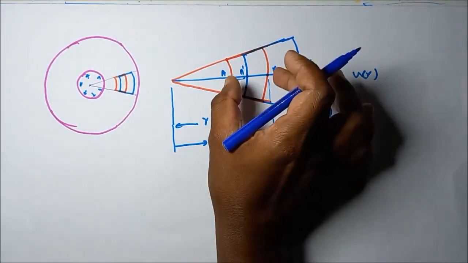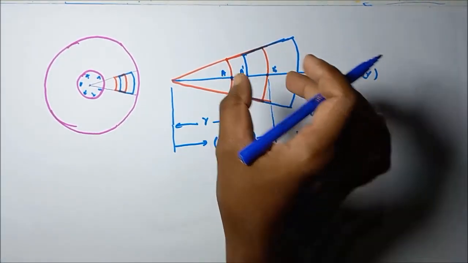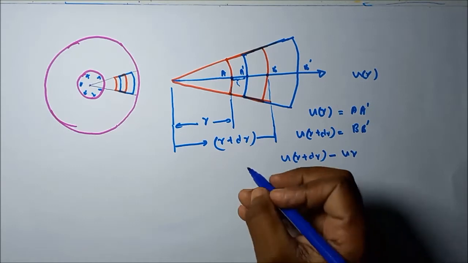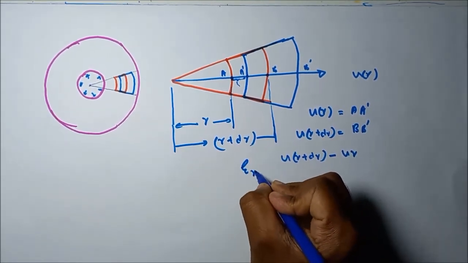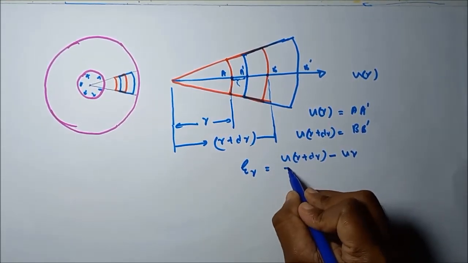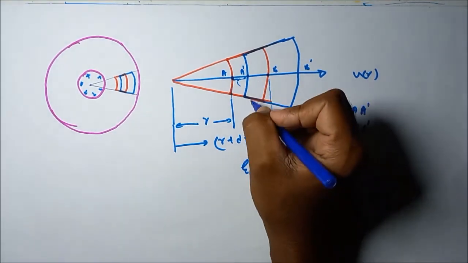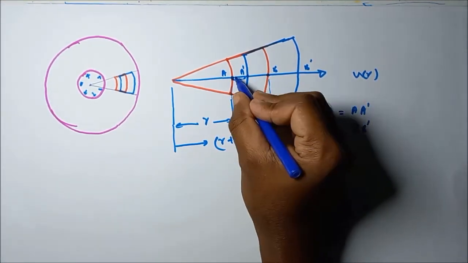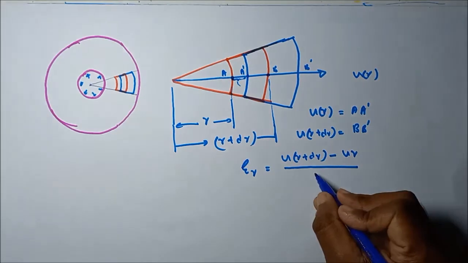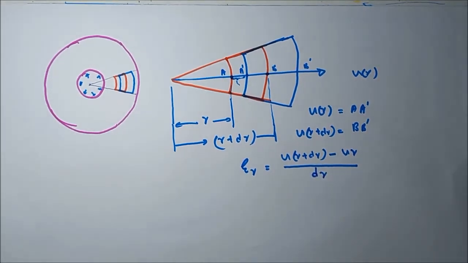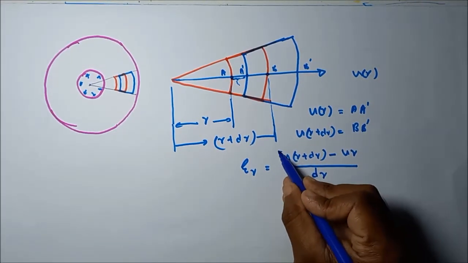Then how to calculate the strain? Strain in radial direction is equal to this stretch divided by the original length. What is the original length of this stress element? AB is equal to dr. Then what is this?